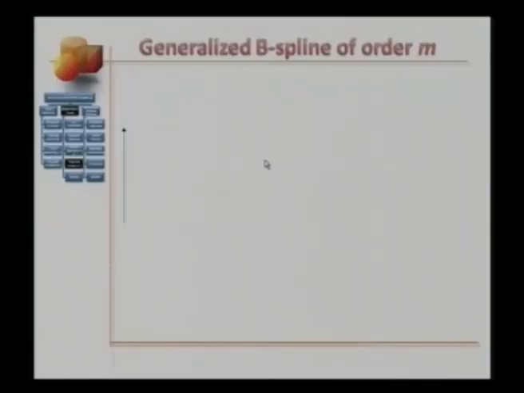Now, this is the way I remember to construct B-spline basis functions. This is a general one of order m. This is my vertical axis, or ordinate. This is my parameter axis. Now let me ask you how you would want to construct a B-spline of order m.